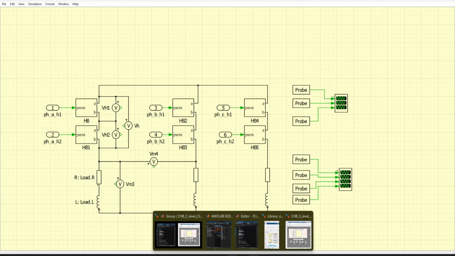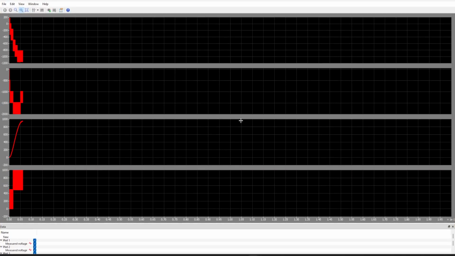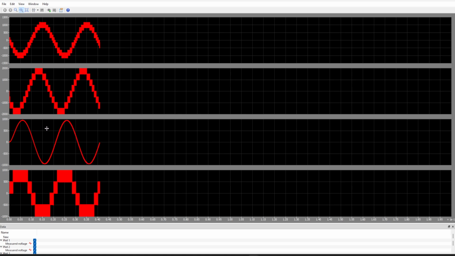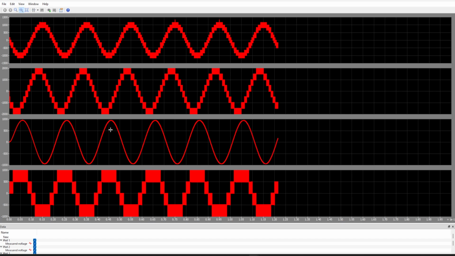Now you can play around with the switching frequencies. Instead of 2, let's do 20 kilohertz, run the simulation and check. You have even fewer harmonics here. It's straight away very clear. Let's wait a little more until it's finished.